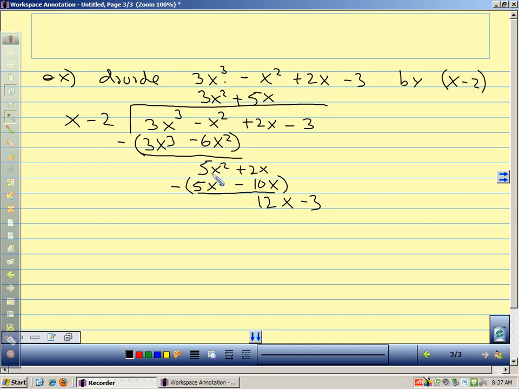What do I have to multiply x by to get 12x? Plus 12. Multiply, so 12 times minus 2 is minus 24, and I get 12x here. Subtract. And I get 12x minus 12x is 0. Minus 3 minus negative 24 is 21.